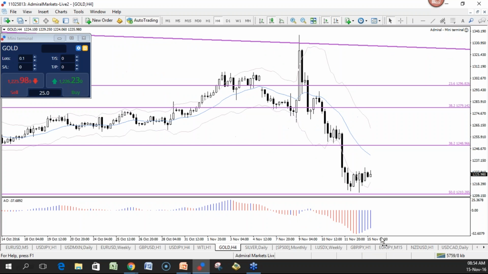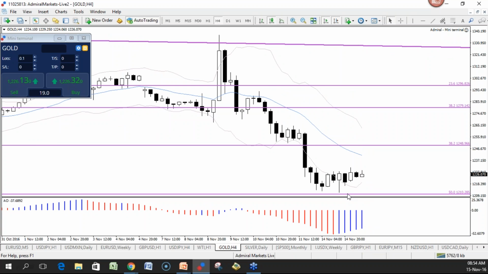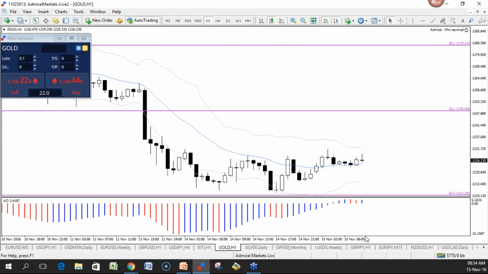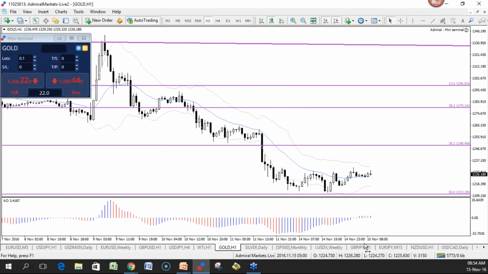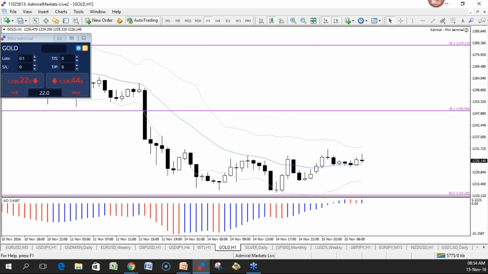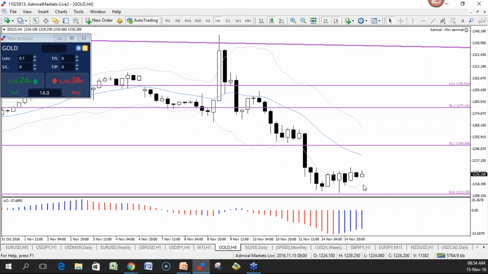Now that level has already been touched and has bounced. There's some reaction to it. There's a 4-hour pin bar here. And after that, there have been 3 candles. So far, I think there's a decent chance of a bounce, but here on the hourly chart, it looks kind of flattish and sidewayish. There's not a lot of momentum in this upside so far. So, be cautious of that.